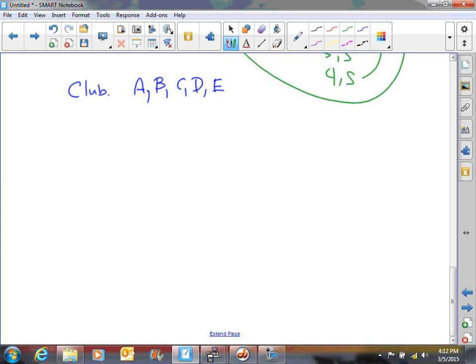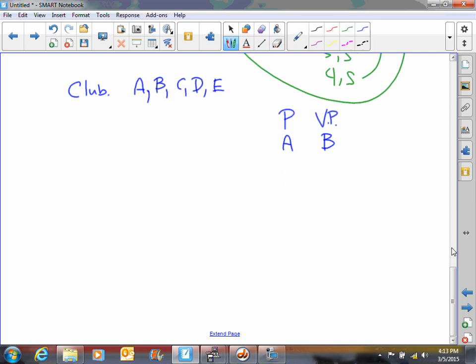Okay, now if we were to list these, we would have to realize that the president and the vice president, if they were the same people, it would actually be different. So if Al was the president and Betty the vice president, that would be different from Betty being the president and Al being the vice president. So let's go ahead and list all of these.